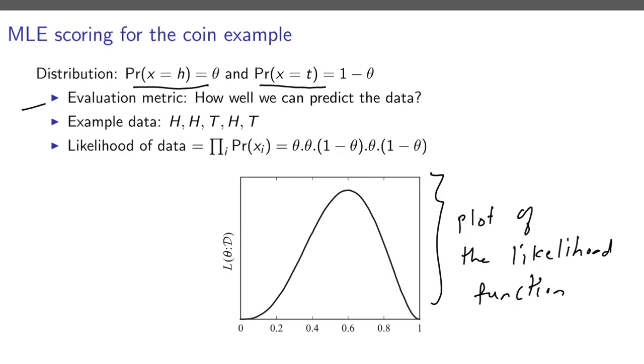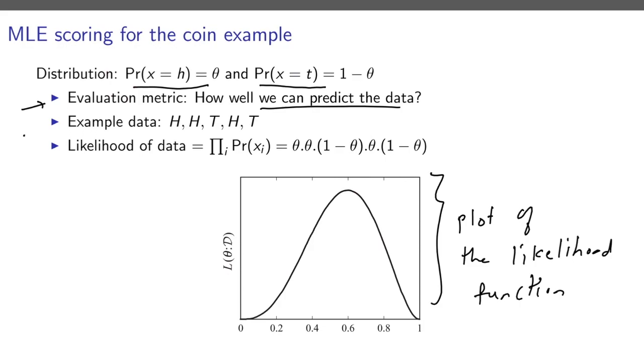Our evaluation metric here is the maximum likelihood principle, which says that we should select a model such that the probability of generating the data is maximized, or the likelihood of generating the data is maximized. In a way, it tells us how well we can predict the data.